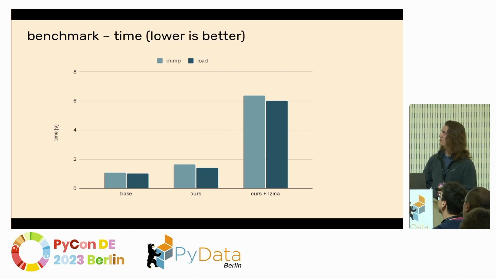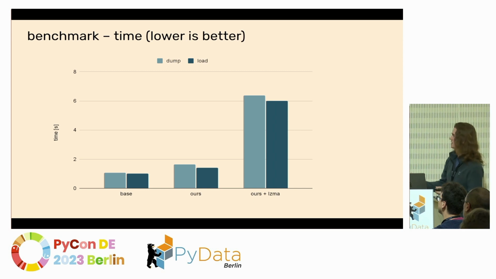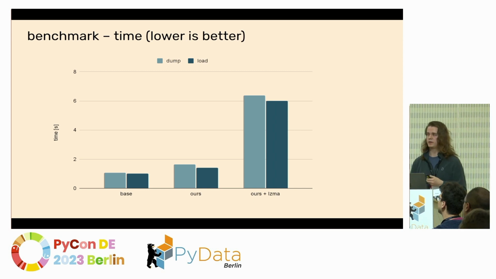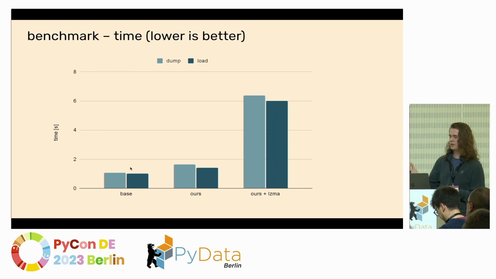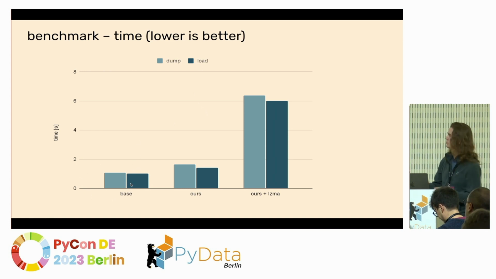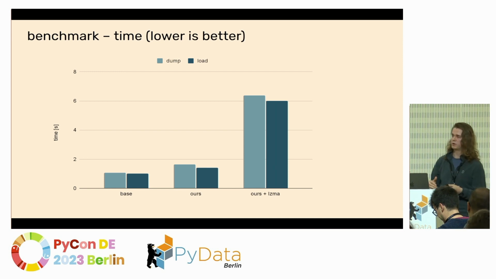Also, now comes a bit of a trade-off, because when we implement custom behavior into the pickling, we obviously have to execute this custom behavior and do some casting, and that also takes some time. And here we have the base time for the saving, the dumping, and the loading of the objects. That took about 1 second, and our new method took something like a 60% increase in time, but that's only for when you actually save and load the model.